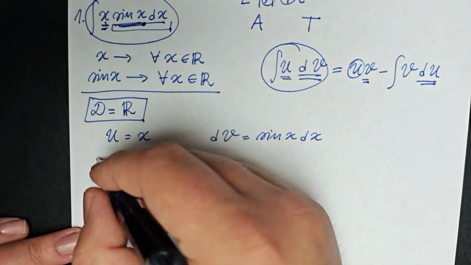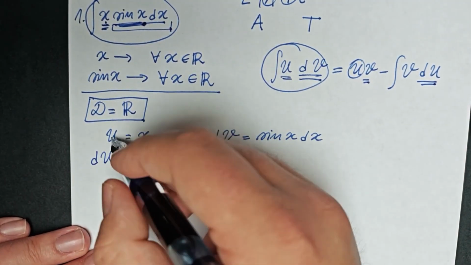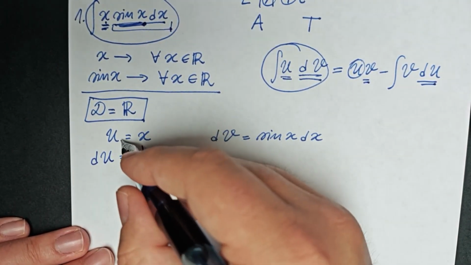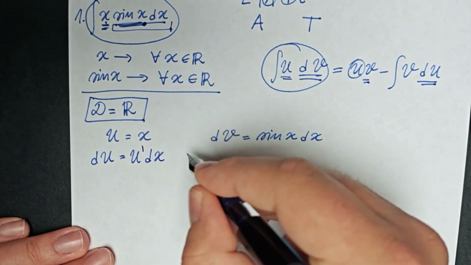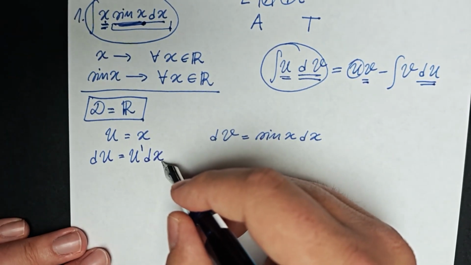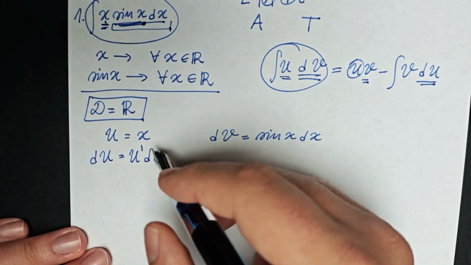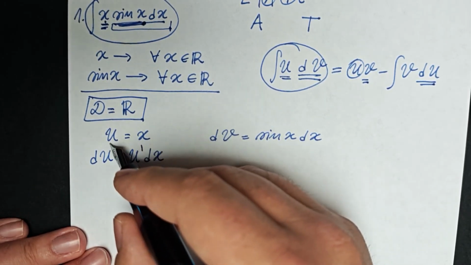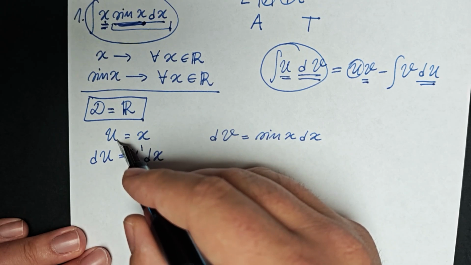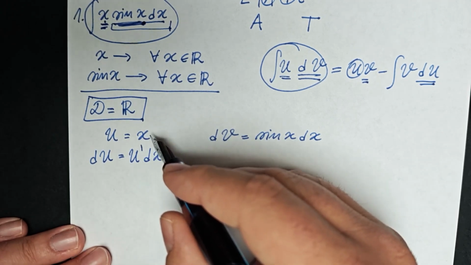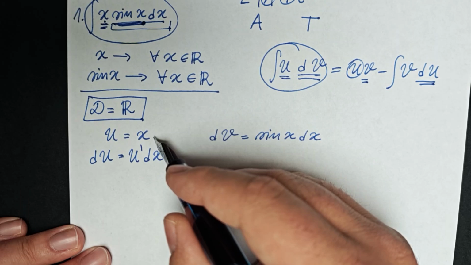Let's find du. Differential of u is going to be the derivative of u with respect to x multiplied by the differential of x, because that is the variable in this expression u, which we are going to differentiate with respect to the variable x.